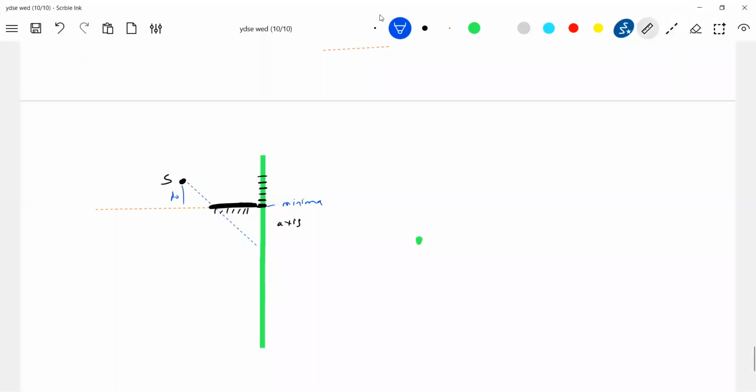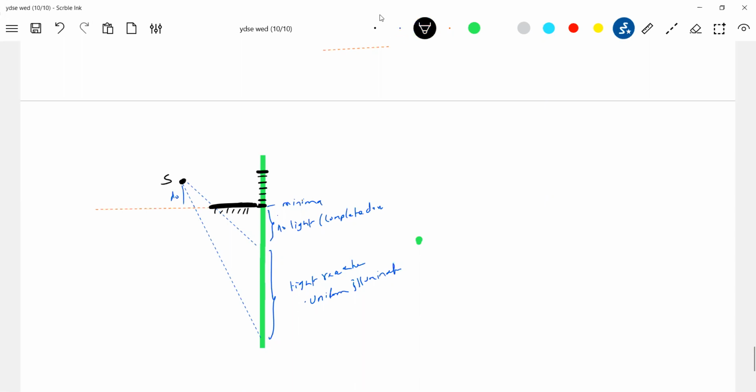What about here? This part has no light, and it will be complete dark. Afterwards, here light will reach, almost uniform illumination, no interference pattern. And here we'll get the interference pattern, in a certain specific region.